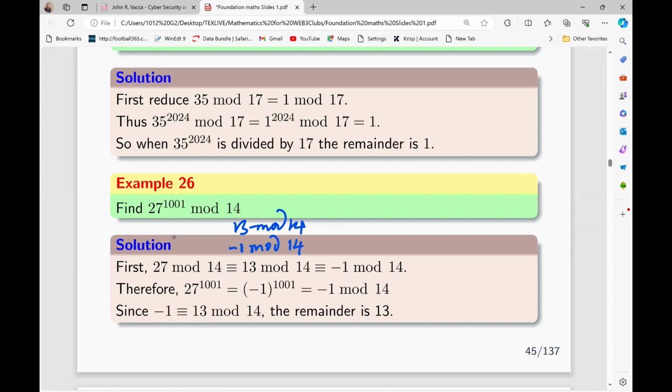I just subtracted 14 from 13 and got negative 1. And I'm claiming that 13 is congruent to negative 1 mod 14.